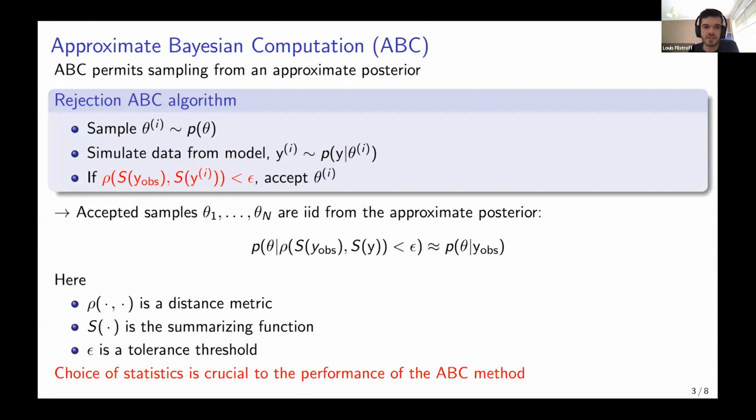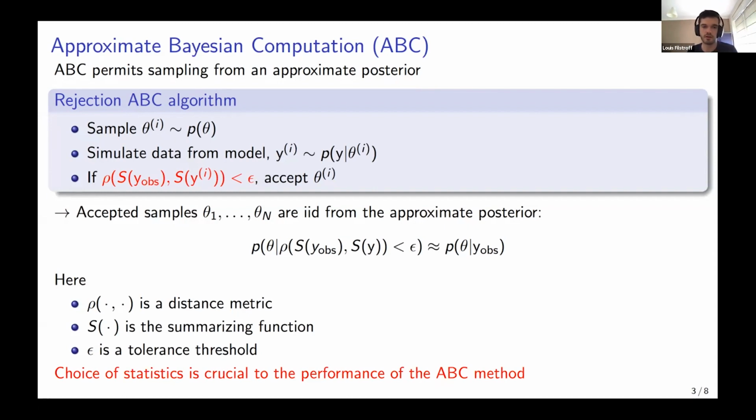First we sample from the prior distribution, and then we simulate a data set from the model given this value of the parameter. And then we need to compare if this artificial data set that we obtain looks like the true observations that we have. One way to do this is to use summary statistics.